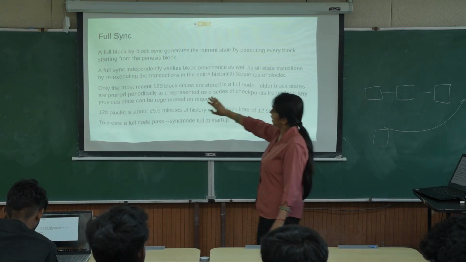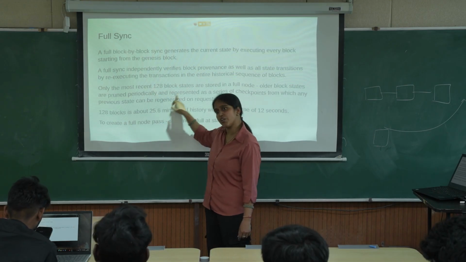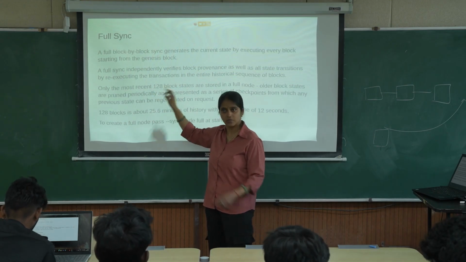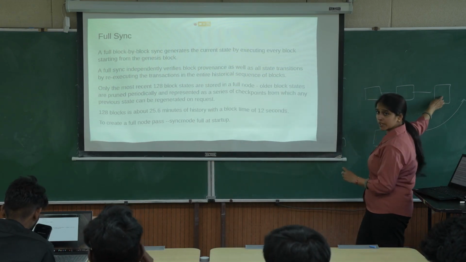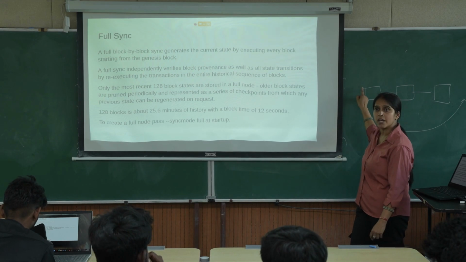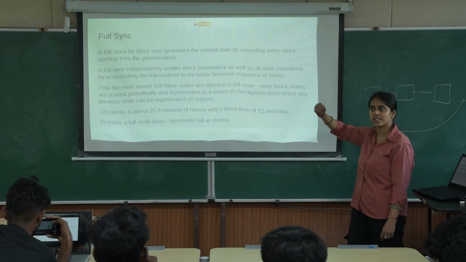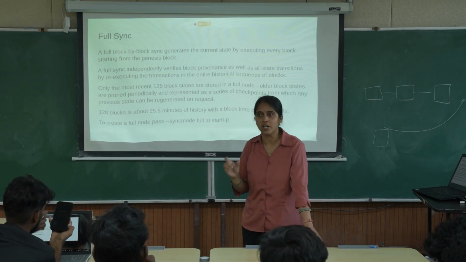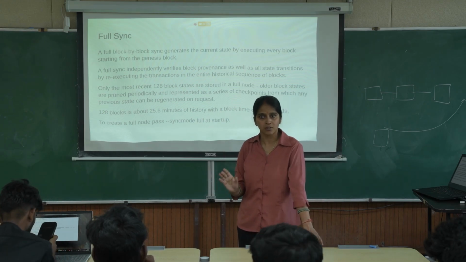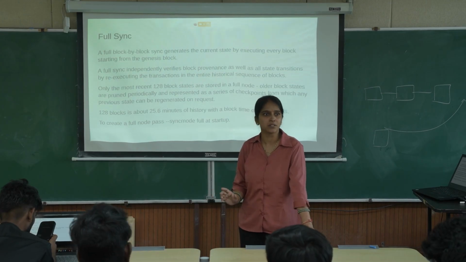But still you will get information of the previous 128 block states, meaning it is getting connection from there to the last 128 blocks, and previous to that you will get some checkpoints. On those checkpoints you will get the whole information of the blocks. Got up to here? Any queries?